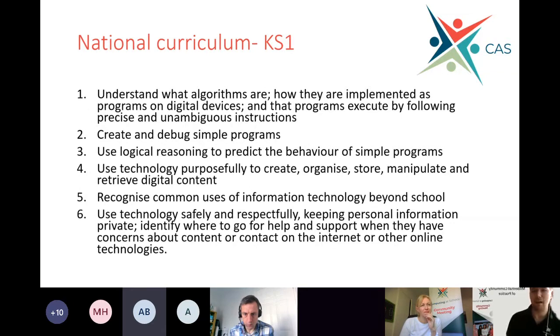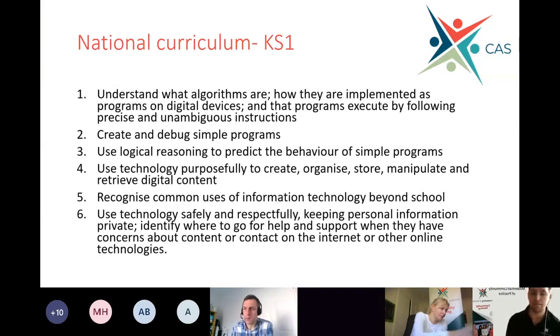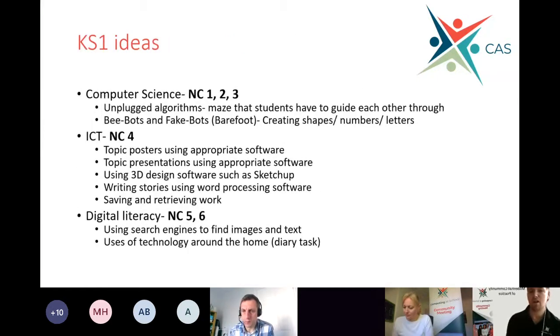Yeah, I think early years, to a certain extent, because the national curriculum doesn't actually cover that, I think similar sorts of things do apply. I think a lot of the unplugged, as much as possible, looking at creating some instructions, whether it is just getting them to guide each other around.